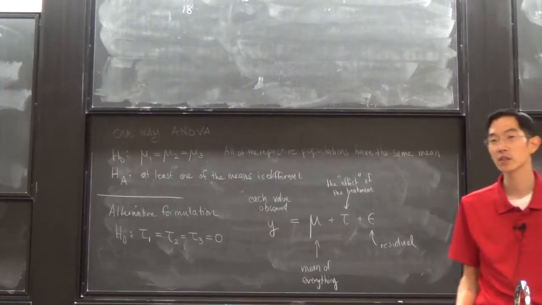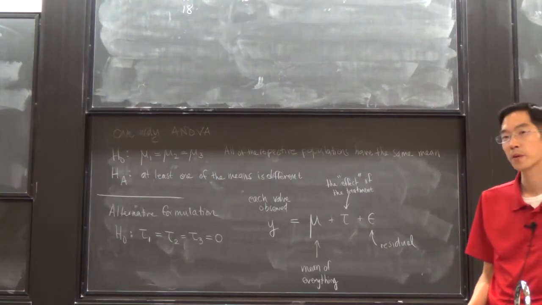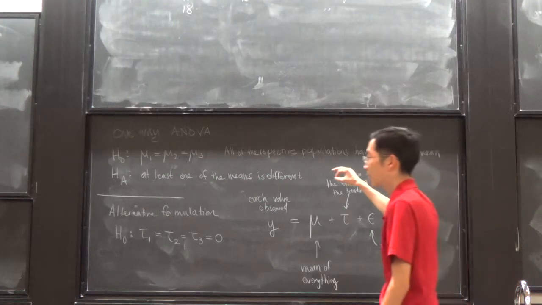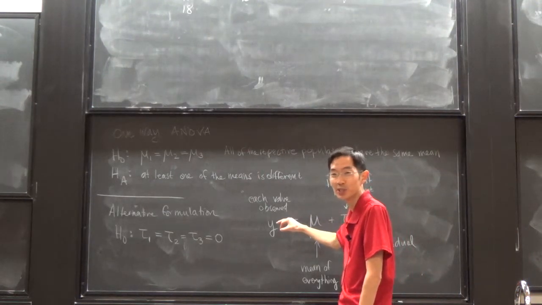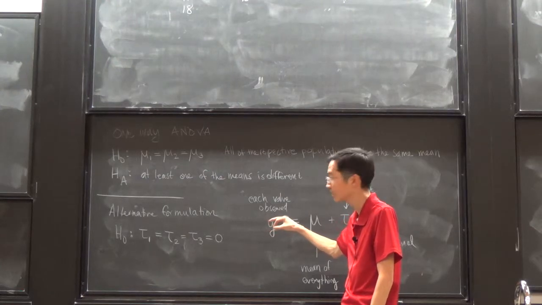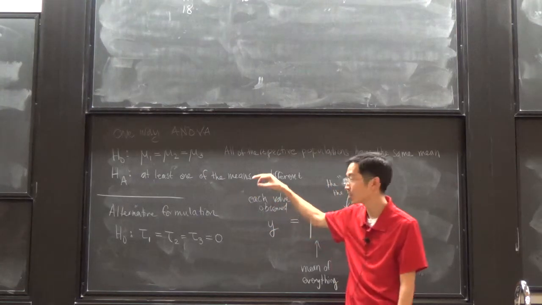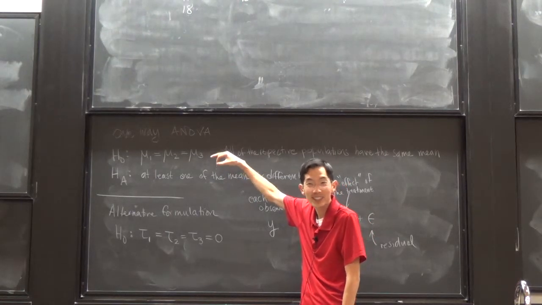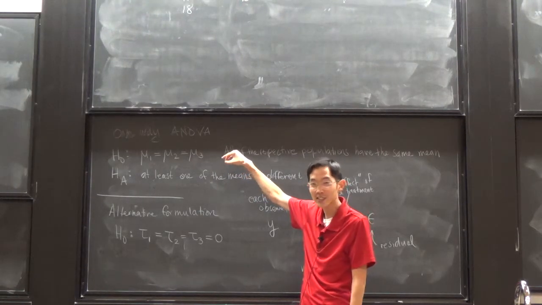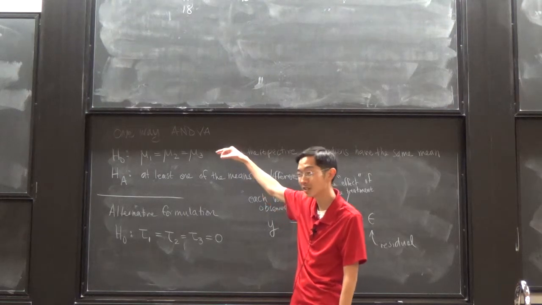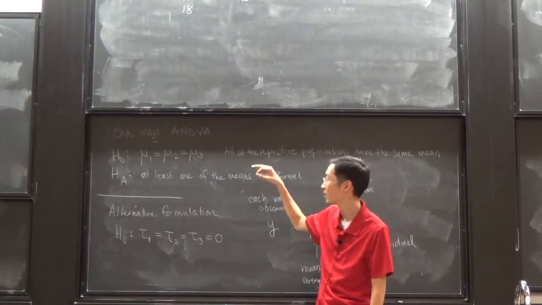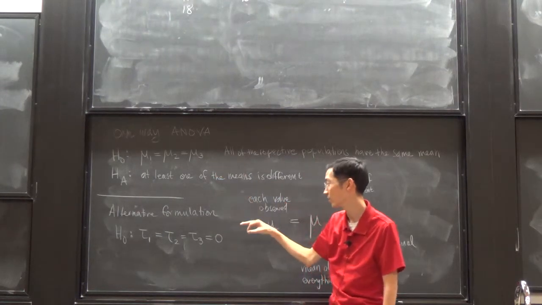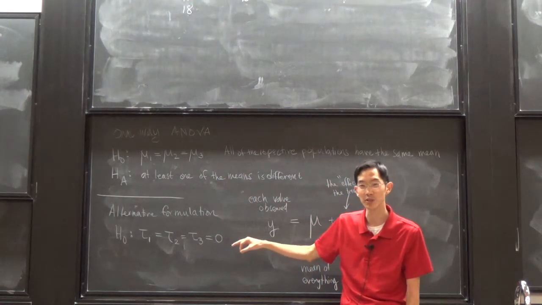Yes? So you use the alternate formulation when you're not doing a one-way. Well, you can use the alternate formulation for one-way ANOVA, okay? It's just that with one-way ANOVA, this formulation is probably easier to understand. When you have more complicated ANOVA, this way doesn't really work anymore, and so you would have to go to the alternate formulation.